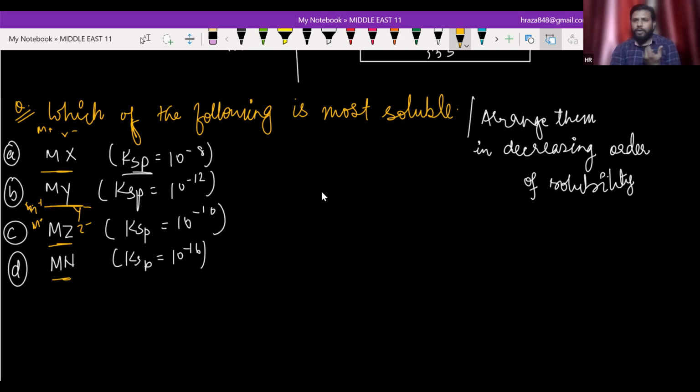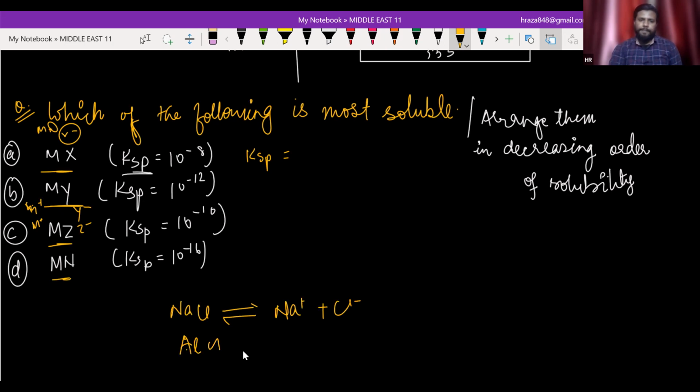Or we can calculate it whenever different types of salt are given. Ksp will be equal to, since it is given 1 and 1 ions, total ions we are calculating. Can you tell me, Saif, Ifra, Fawaz and Arslan, how many ions are here and how many ions are here?